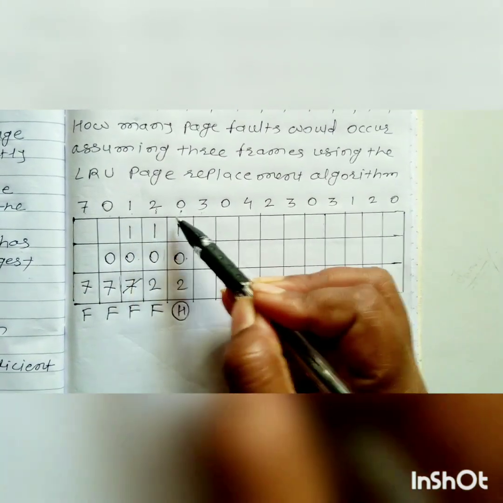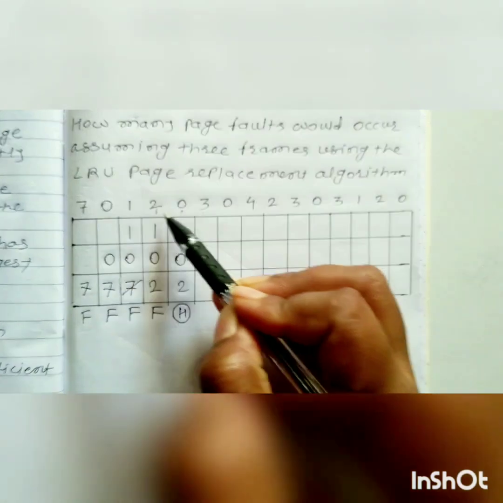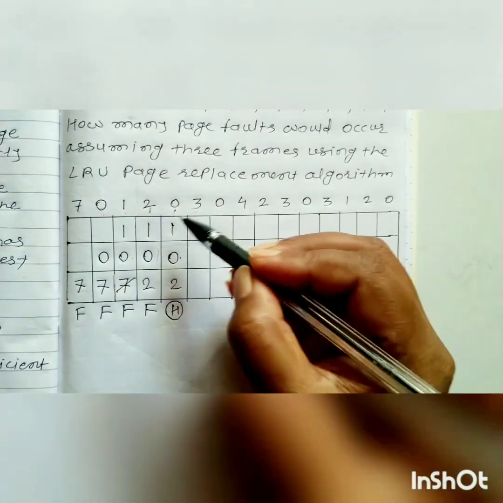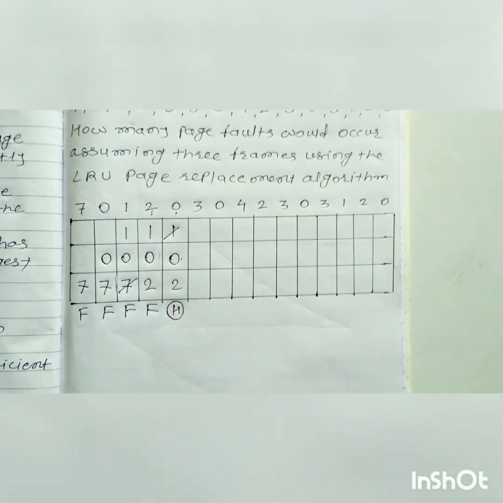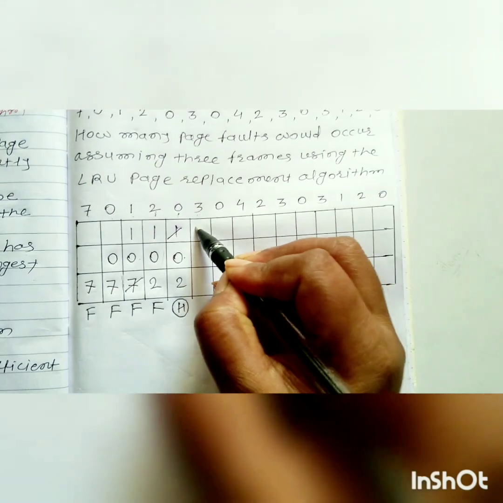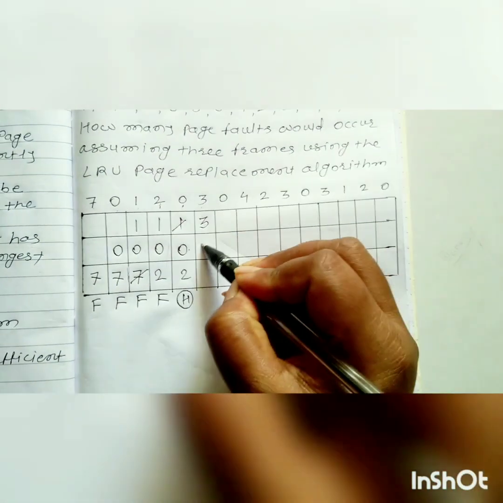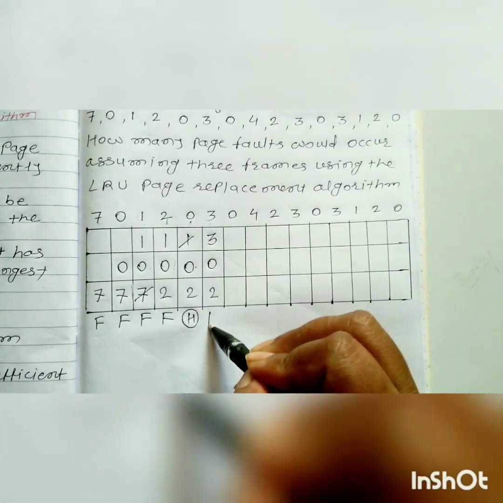If you compare these three numbers, 1 is the least recently used. 0 and 2 were used after 1. So 1 is the least recently used page. So simply replace this 1 and place this 3 in its place, and the remaining pages are as they are.